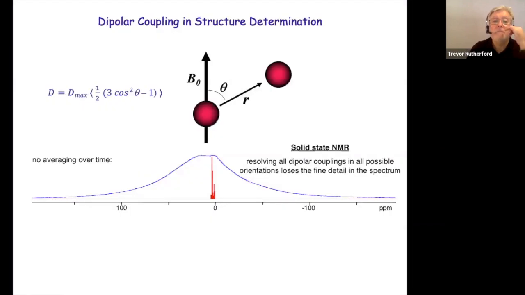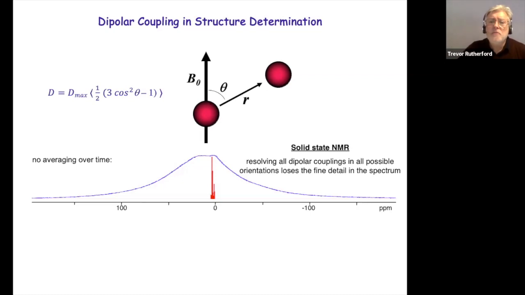Dipolar coupling has a profound influence on NMR spectra, and it has both a distance dependence that we've just seen, but it also has an angular dependence. The angle that this bond makes with the external magnetic field has an influence on the strength of the dipolar coupling.